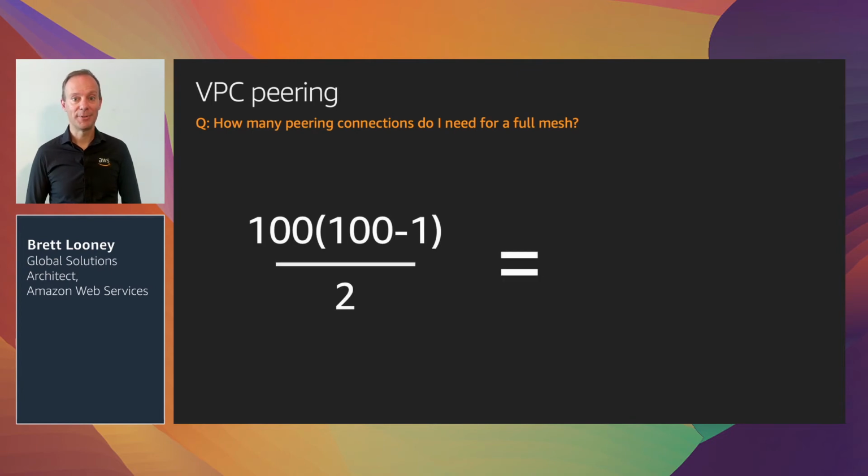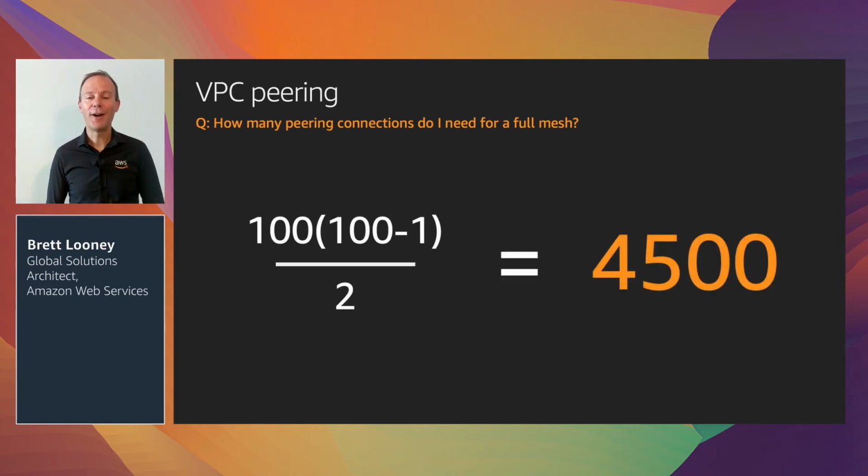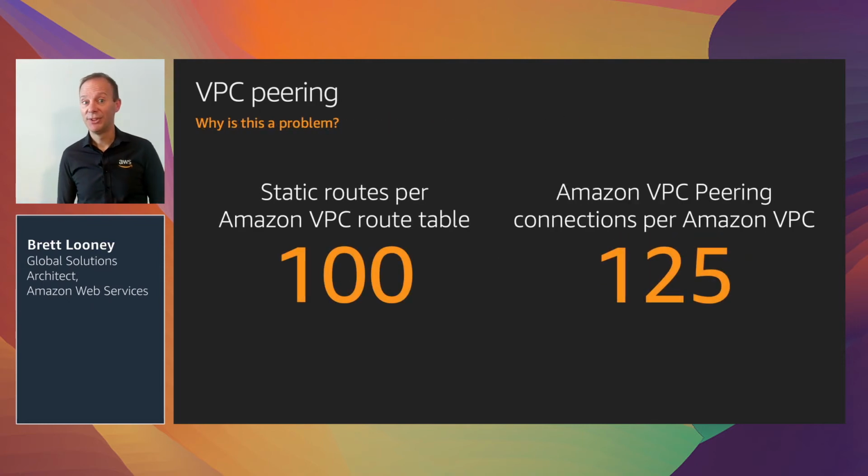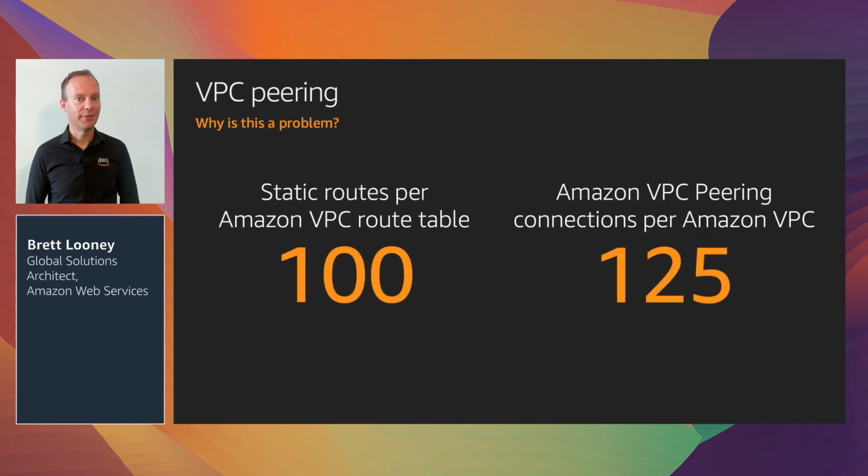And believe me, lots of customers have more than that. That's 4,500 connections. This is bad for lots of reasons and not just for your administrative overhead. We have limits. You can only have 100 routes in a VPC route table. You can actually only have 125 peering connections. So clearly, this is not viable. So what are we going to do about this?